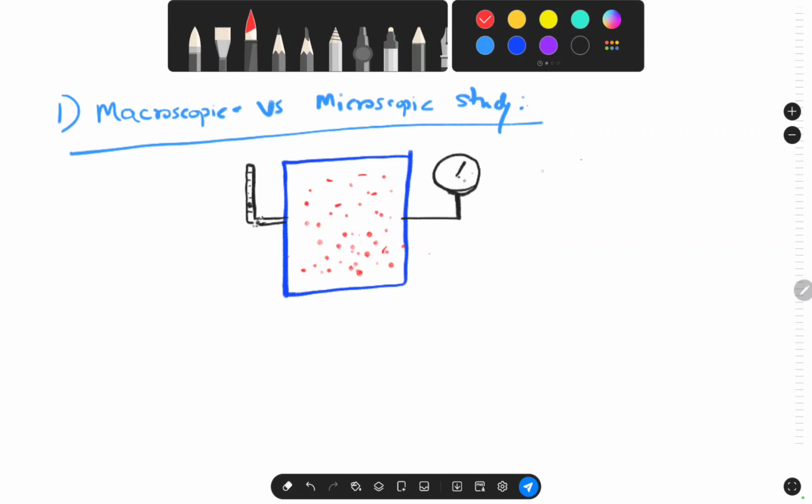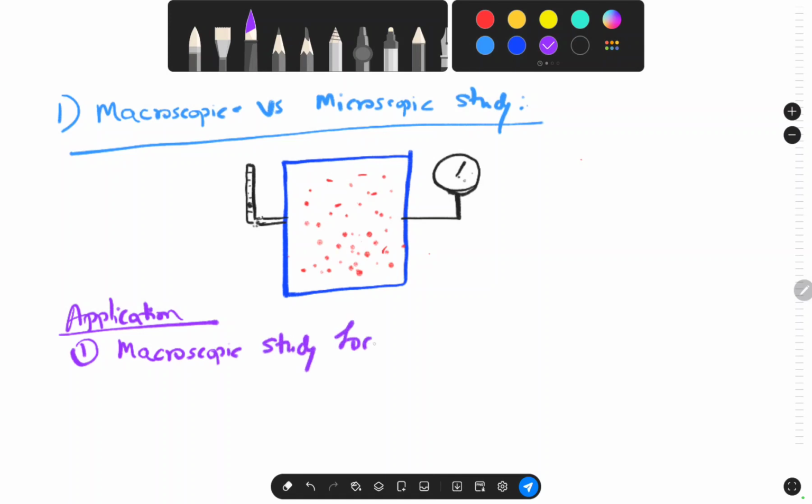In rarefied gas technologies and rocket science, we use the microscopic approach, but in normal analysis, our study is basically focused on applications. The macroscopic study focuses on normal thermodynamic study.